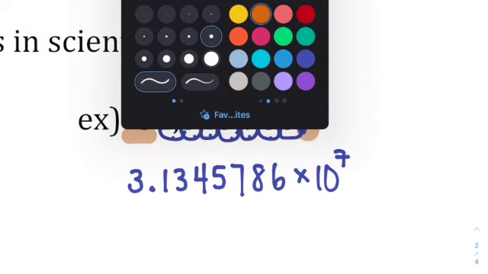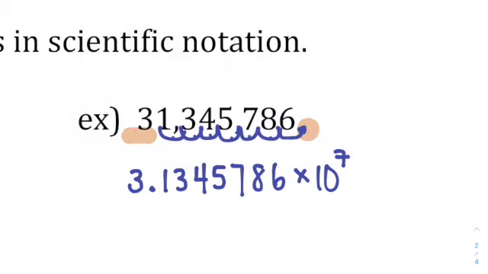What I need to do is count backwards: 1, 2, 3, 4, 5, 6, 7, and that's where it puts my new decimal, and that's where I get the 3.13 and so on. And because it's 7 places, and because it's a big number, I'm going to have a positive exponent.